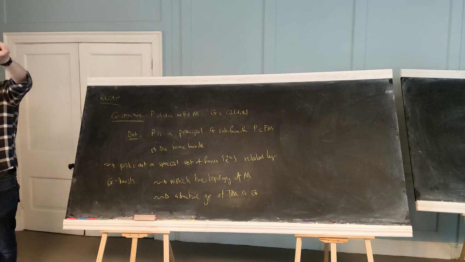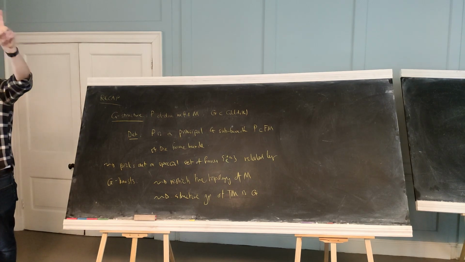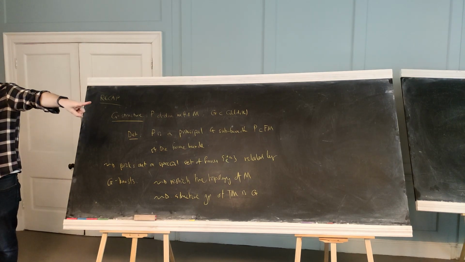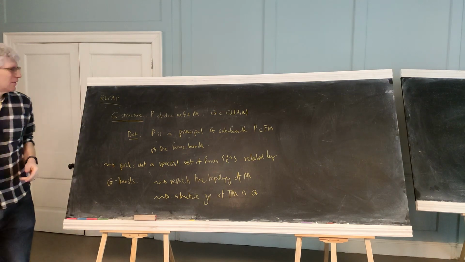So as I go around the manifold, the tangent space is not twisting by as much as it could do. Right? Okay.